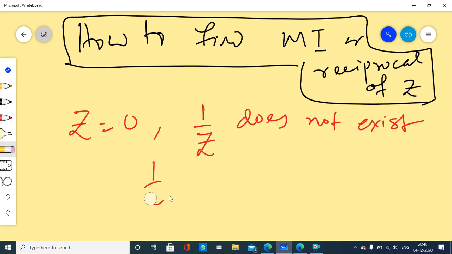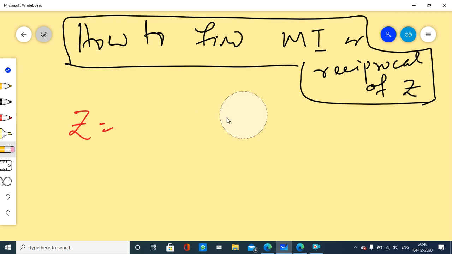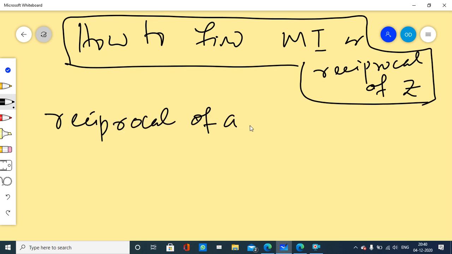Other than 0, any complex number has a multiplicative inverse. 0 is the only complex number which does not have a multiplicative inverse. Other than 0, any complex number I take has a reciprocal. And also, the reciprocal of a complex number is also a complex number.